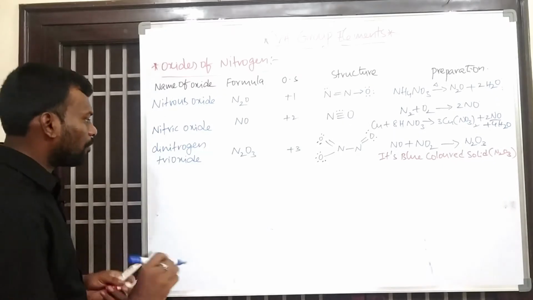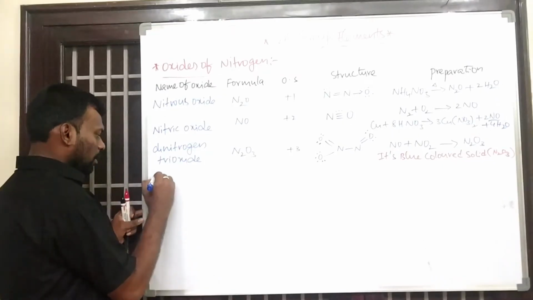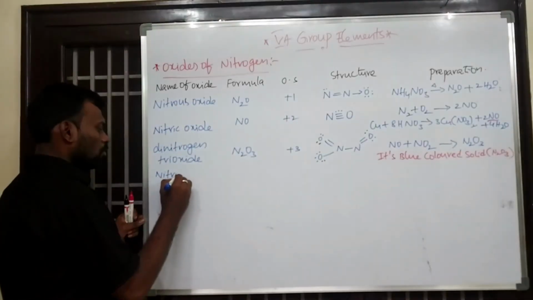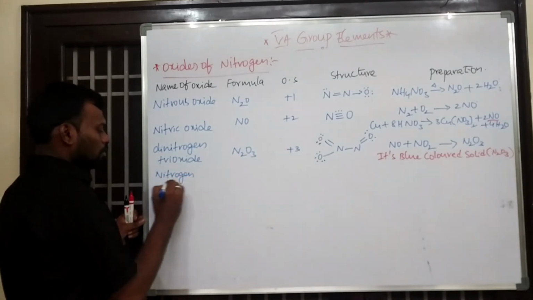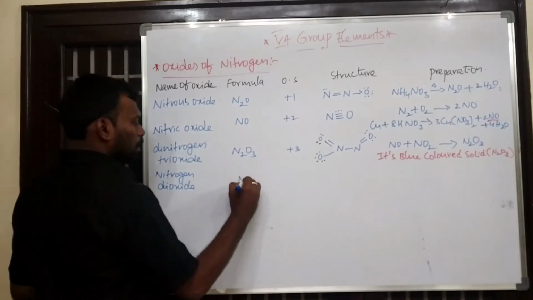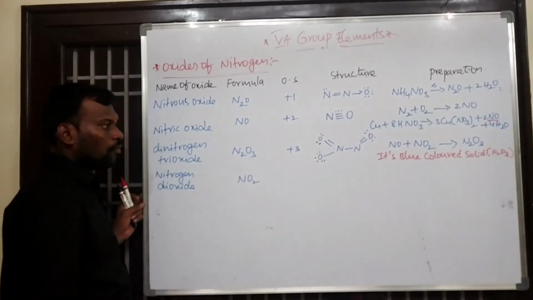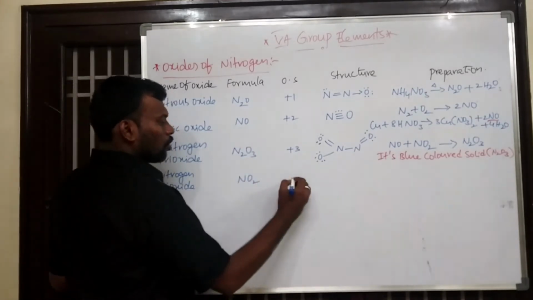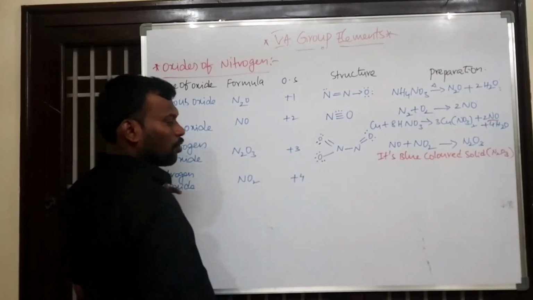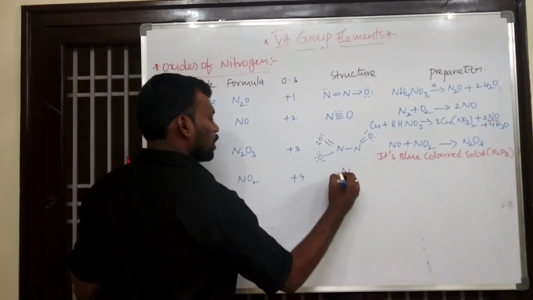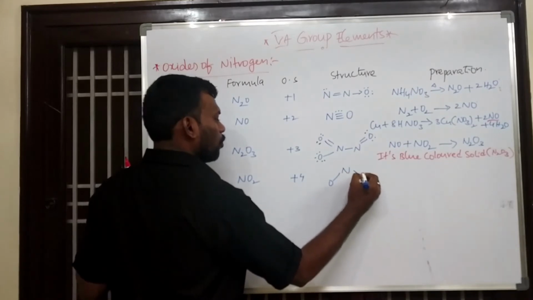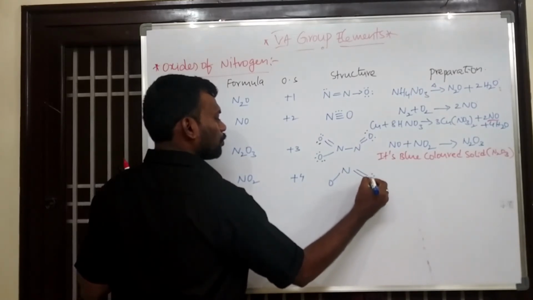And the next one is nitrogen dioxide. It is represented with the NO2 formula. In NO2, the oxidation state of nitrogen is +4, and when you go for the structure, it consists of one dative bond and one double bond.